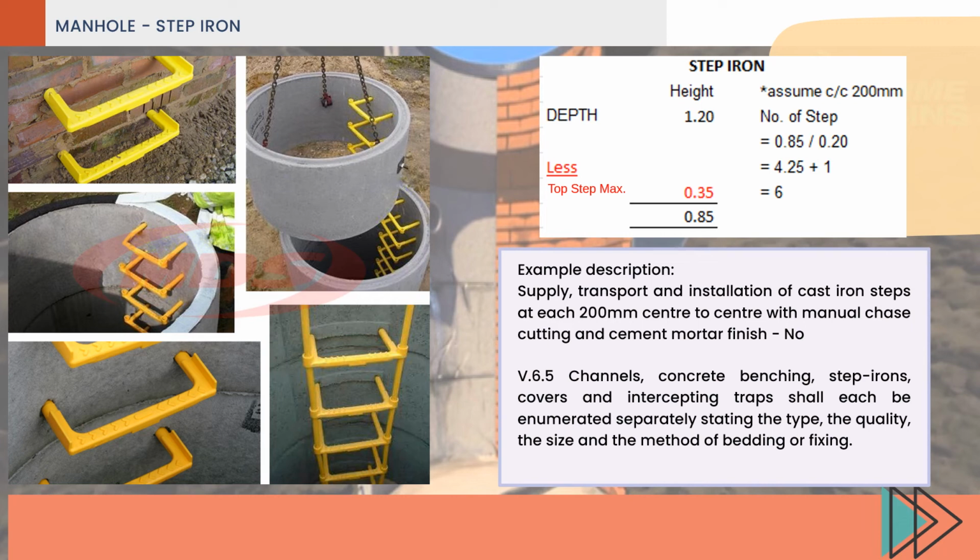Clause related is V.6.5. Channels, concrete benching, step irons, covers, and intercepting traps shall each be enumerated separately, stating the type, the quality, the size, and the method of bedding or fixing.